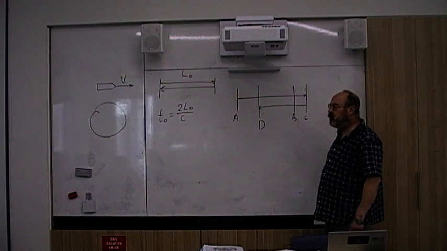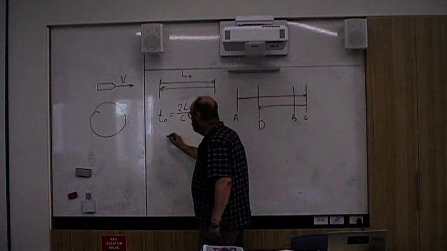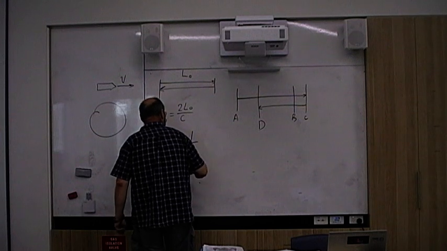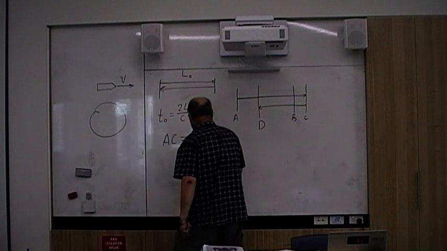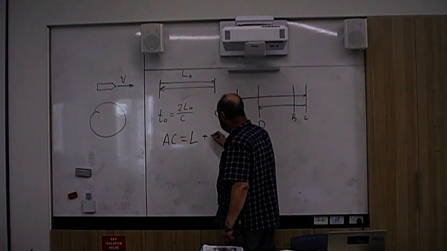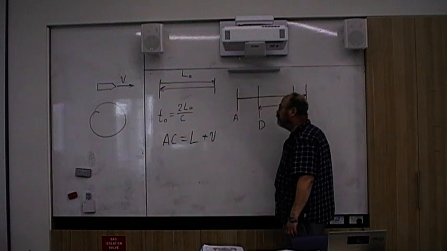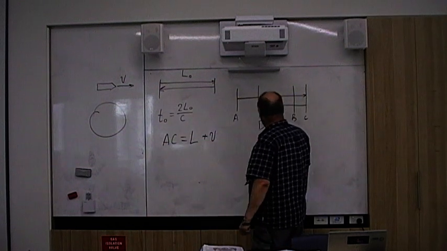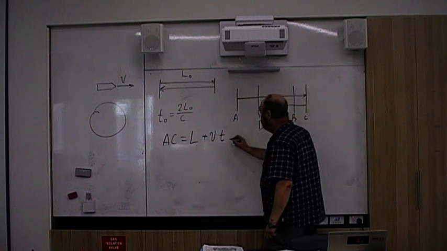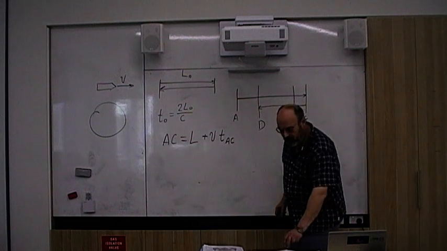So what will be the distance from A to C? The distance from A to C equals the length of the clock plus the speed of the spaceship times the time to get from A to C. Is it the same length?